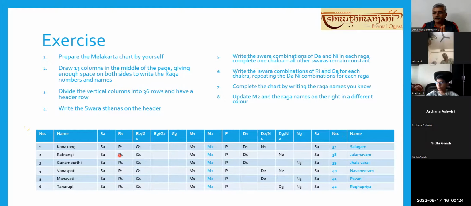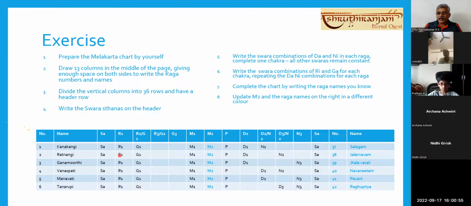Ga 2, Ga 1 not possible. Sa Ri Ga Ma Pa Ni Sa, closer to Sa, so it is Ni 3. Sa Ni Pa Ma Ga Ma Ri Sa. So now you will think, okay, when Ri 3 Ga 3 comes, it is definitely the sixth chakra. Immediately you will know, sixth chakra.